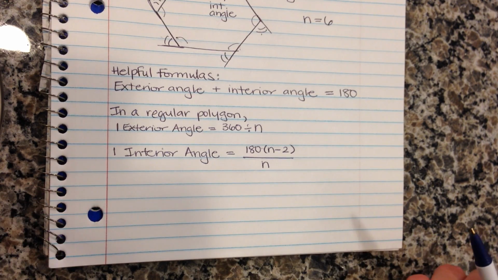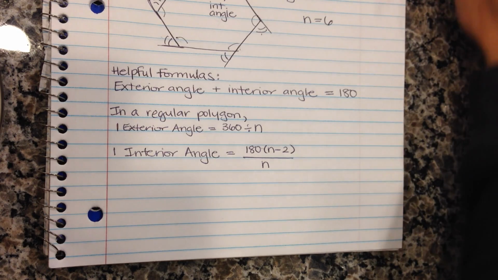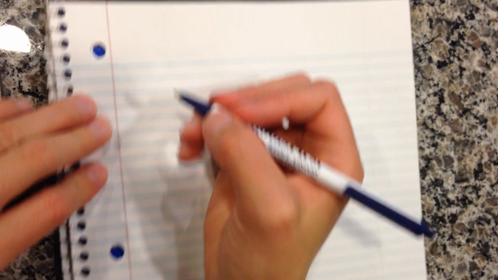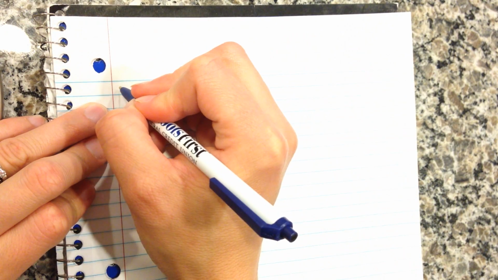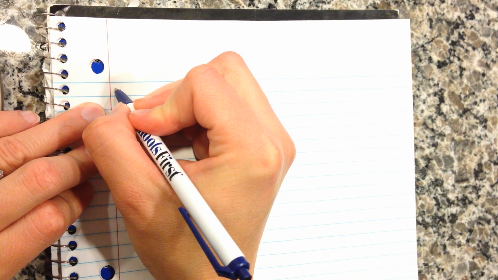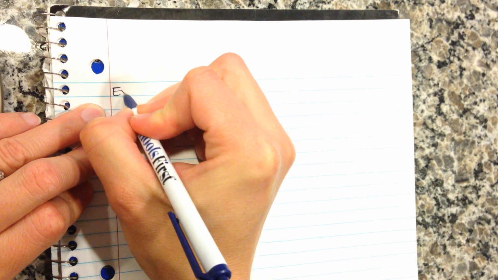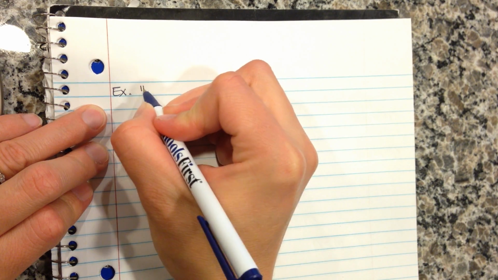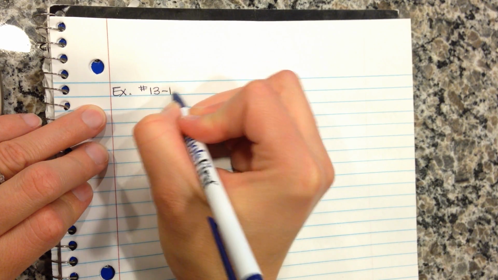Okay, so now let's look at where we're going to use this stuff in our homework. So I'm going to turn the page and show you guys some examples. In our homework, we have 4 different things to look at. And the first thing is, our first example is going to go with numbers 13 through 18 in your homework.